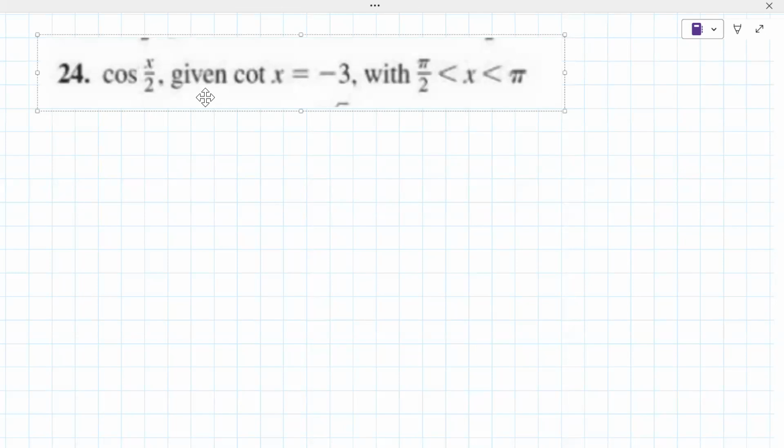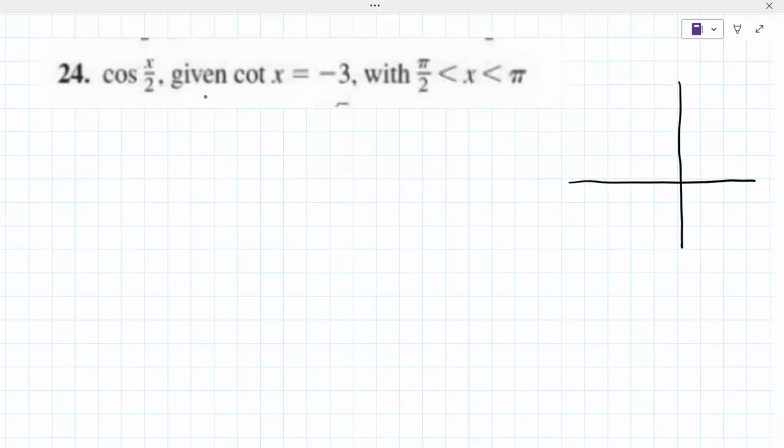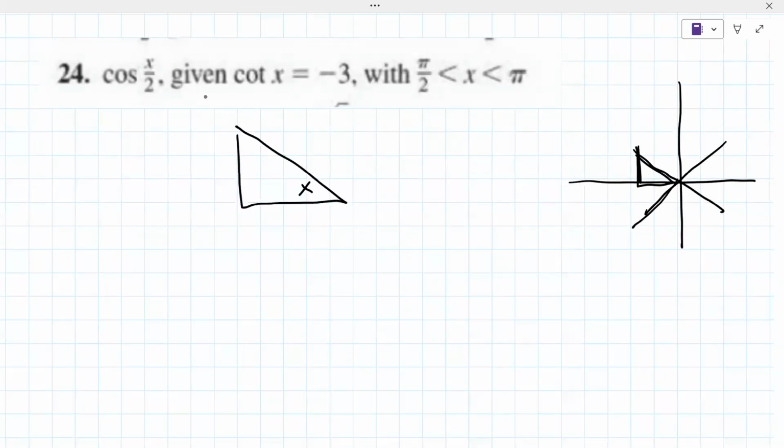Quadrant 2. Yeah. So this is the triangle. Here's X. Give me all three values for A, B, and C with cotangent.